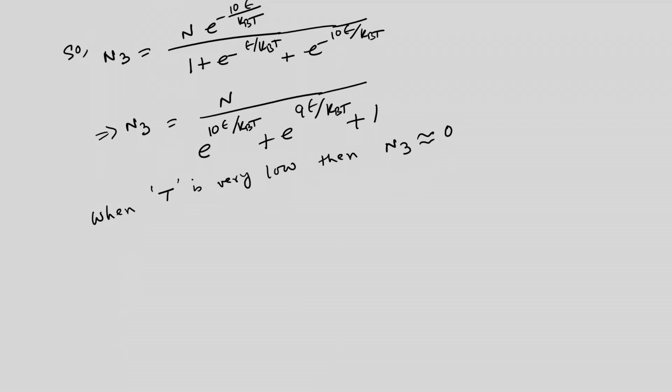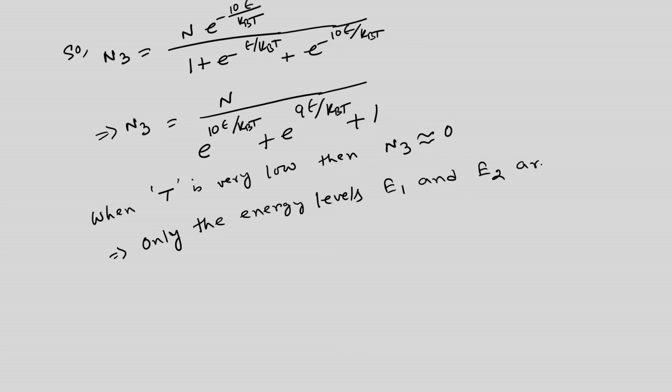So, we get N3 very small or close to 0. So, it says only the energy levels E1 and E2 are populated at low temperature.